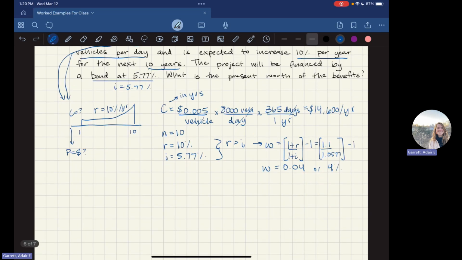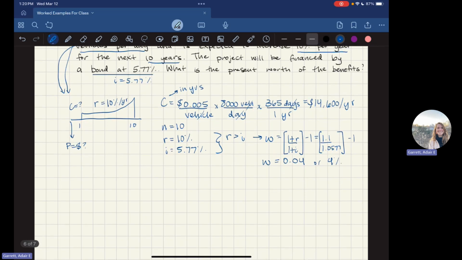And now we can use our formula to find the present worth for when R is greater than I. So the formula when R is greater than I, the present worth is C over 1 plus I times 1 minus 1 over omega.